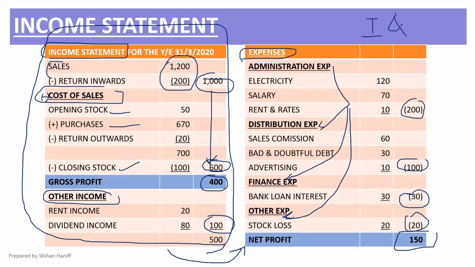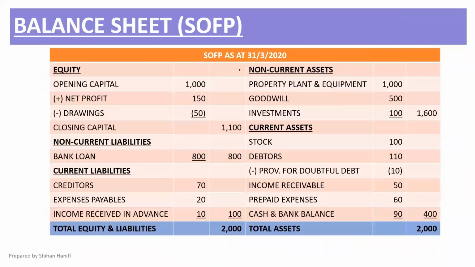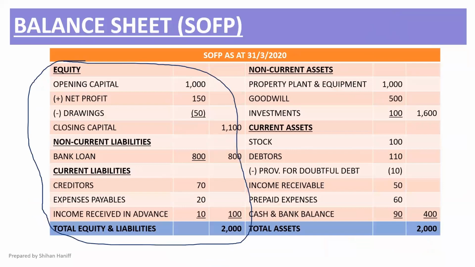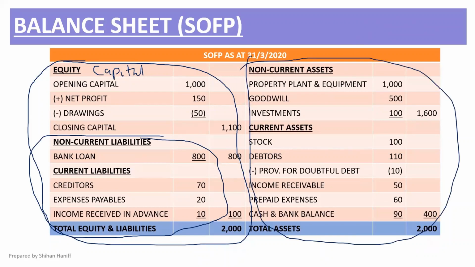We consider the income and expenses. Then we have the balance sheet. Right? This side I have taken the equity, means the capital, plus liabilities, and the right side have taken the assets.